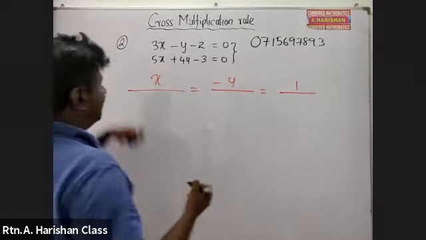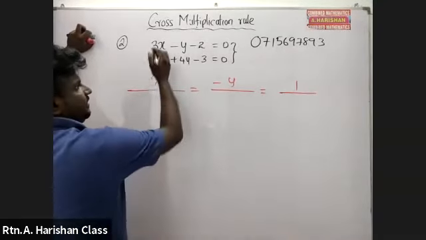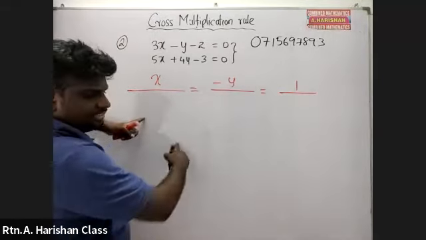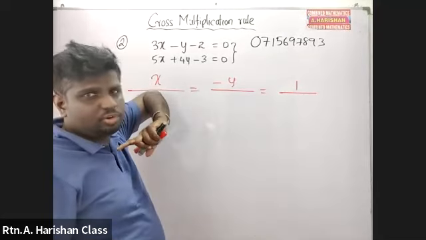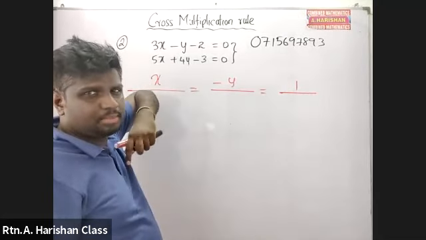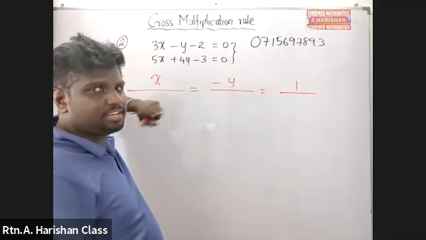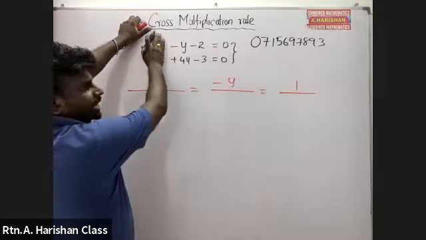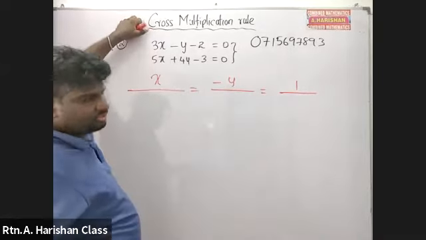Right. See guys, what I'm going to do here, I can put this determinant, but I'm going to skip that step because I know what to do. So I keep hiding this.